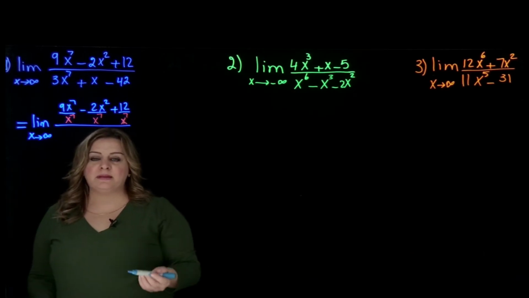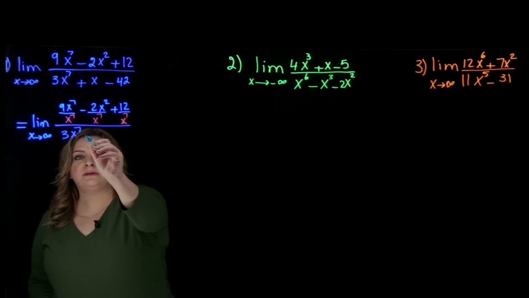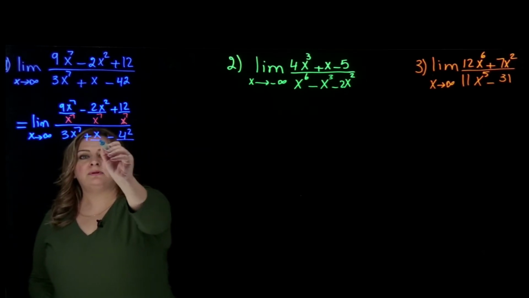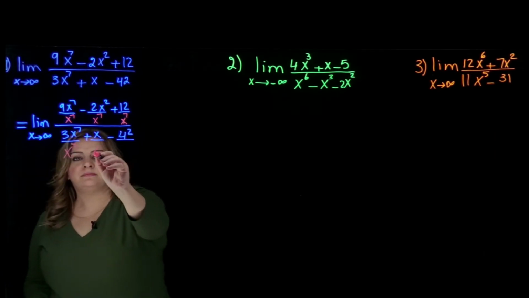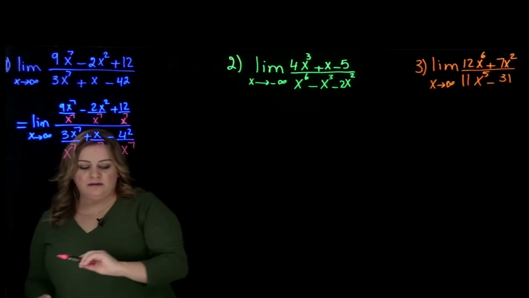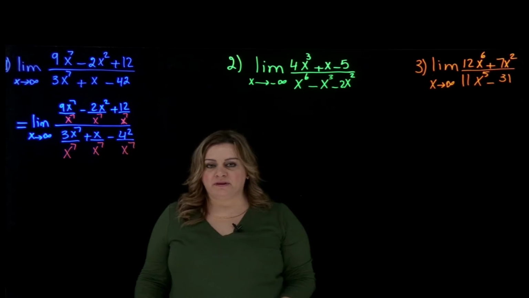We will do the same in the denominator. We have 3x to the 7 plus x minus 42, and we want to divide each term by x to the 7. Now, we want to simplify our function.